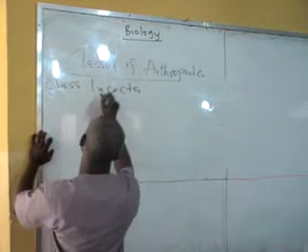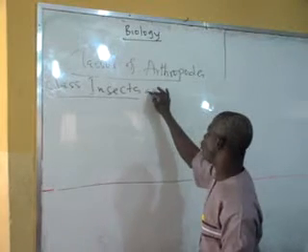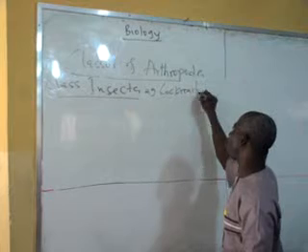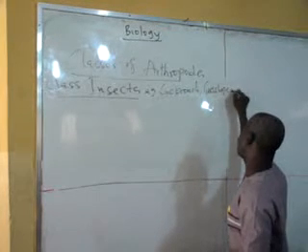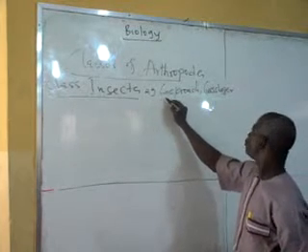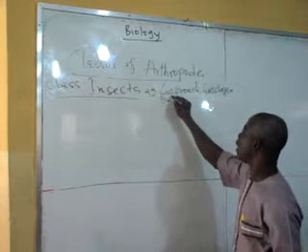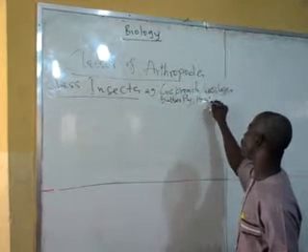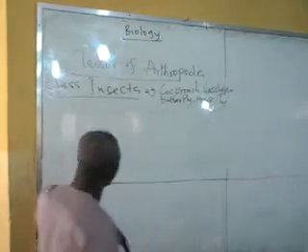We have said that it includes organisms like cockroach, grasshopper, butterfly, and housefly. These are examples of organisms there.